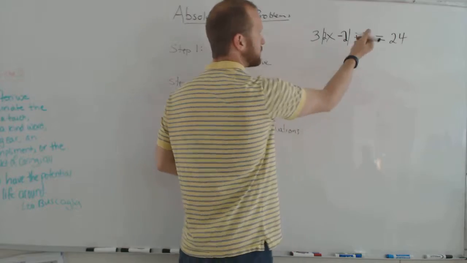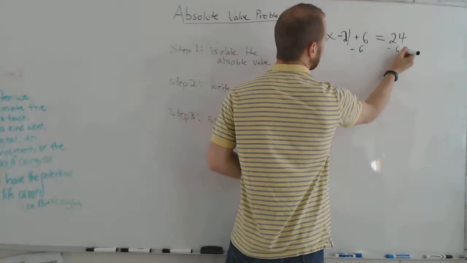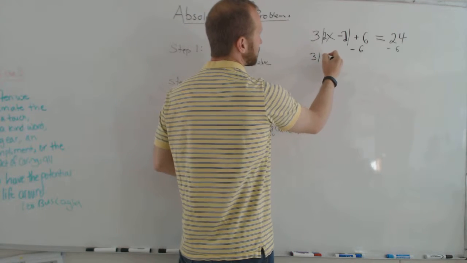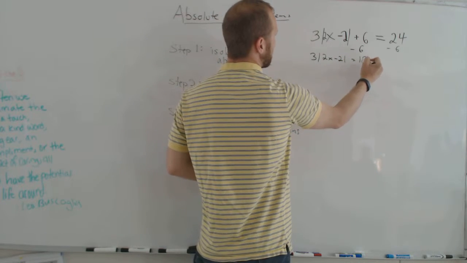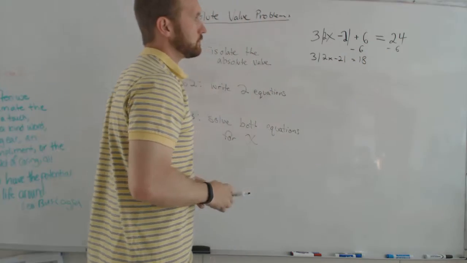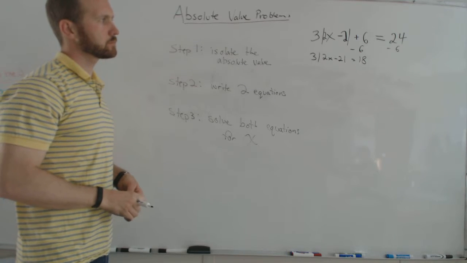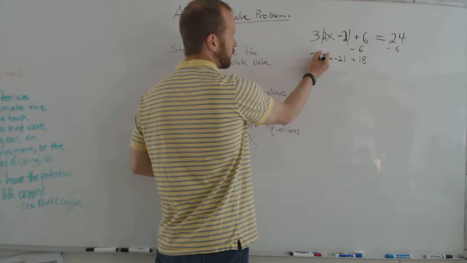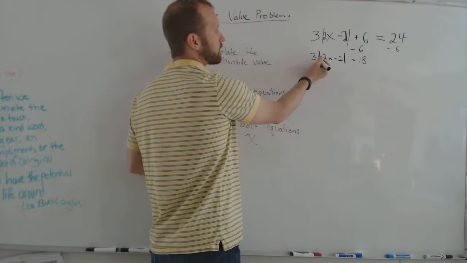We have to do addition and subtraction. We have to reverse that first. So I subtract 6 from both sides. Now I have 3 absolute value of 2x minus 2 equals 18. Now what? So this is something that we haven't really seen before. The 3 next to the absolute value, it means 3 times.